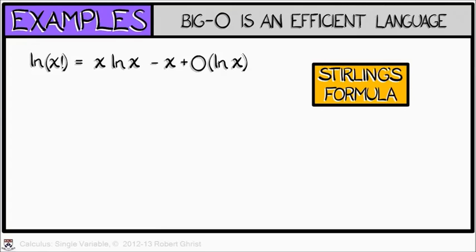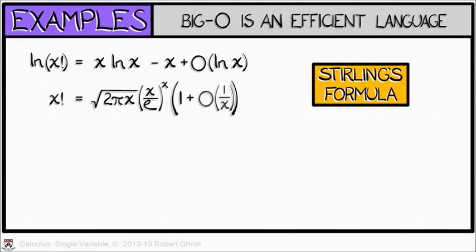Perhaps the stronger version of Stirling's formula will be a bit more transparent. It says that x factorial equals square root of 2 pi x times quantity x over e to the x power times 1 plus something in big O of 1 over x.